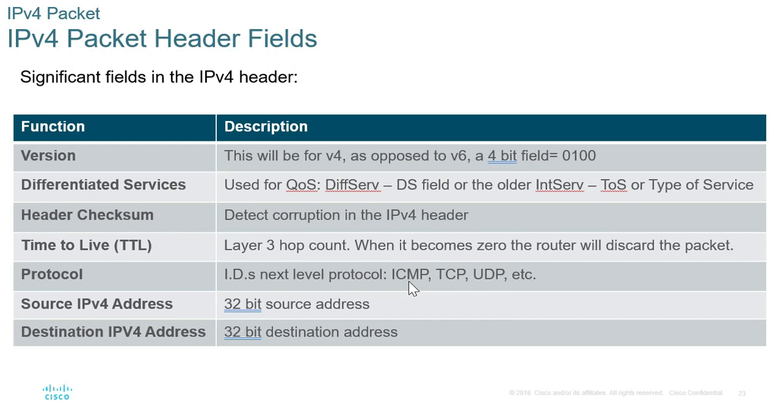So ICMP dekat network layer, dia ada header dia sendiri, tetapi kita encapsulatekan dalam IP header. So the IP header will contain the protocol number of the ICMP. And finally, we have source and destination IP addresses.